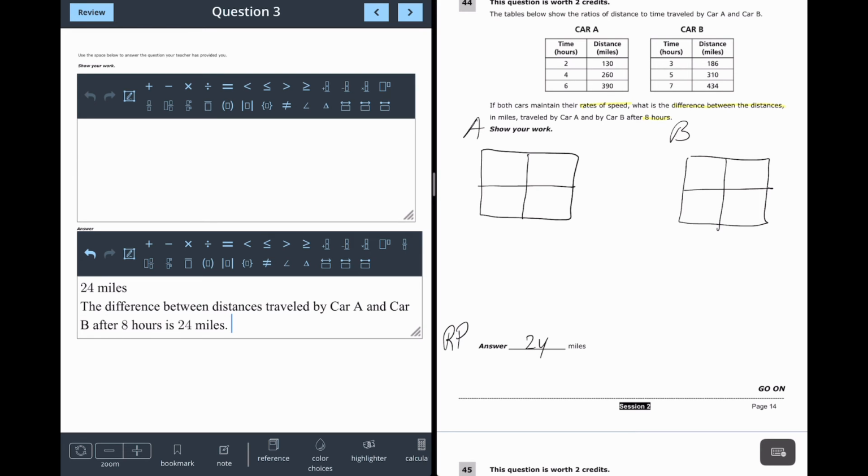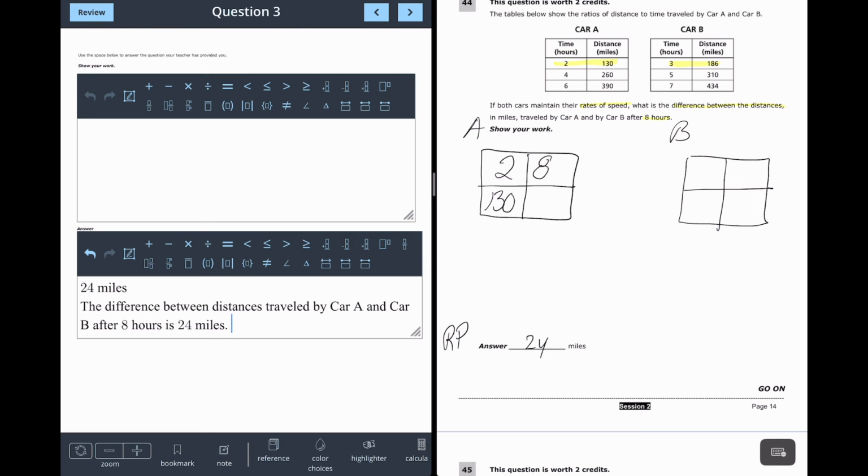Okay, so I'm going to pick the easiest ratio. I like choosing just the easiest ones because the rest of them are constant anyway. So here's time and distance. So 2 hours for 130 miles, and I want to know after 8 hours.